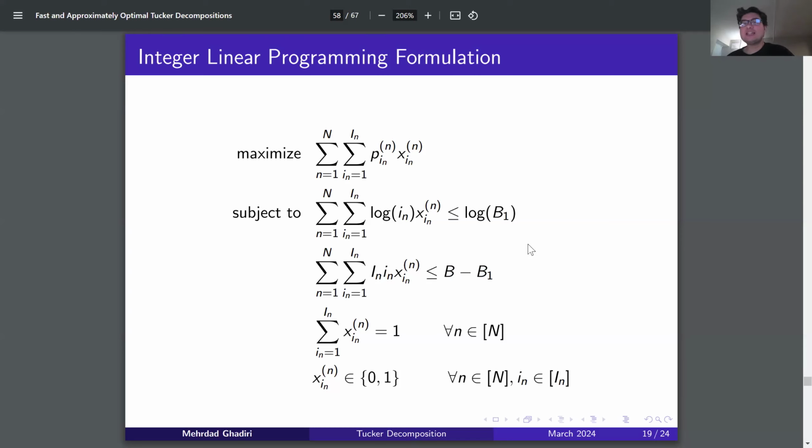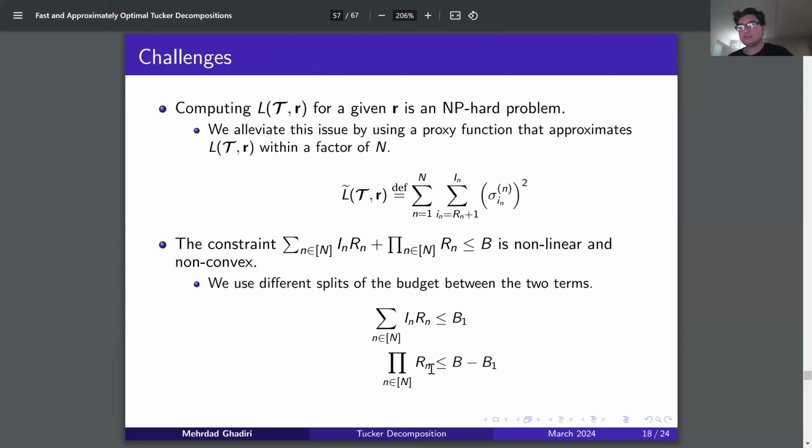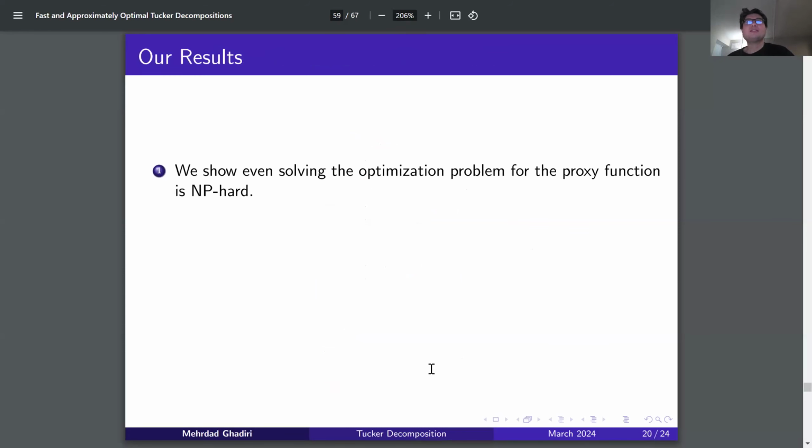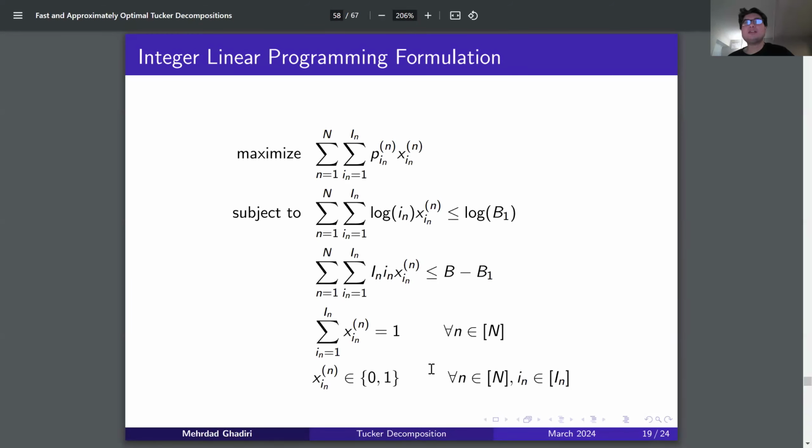Essentially, if x_in is equal to 1, it means that R_in is picked in this problem. Okay. So this is the problem I want to solve.